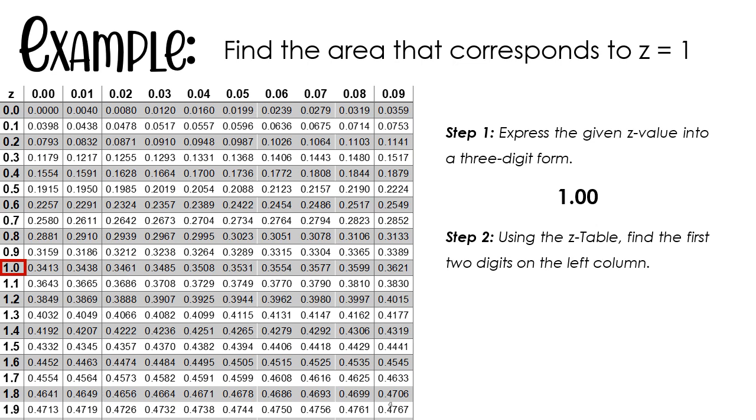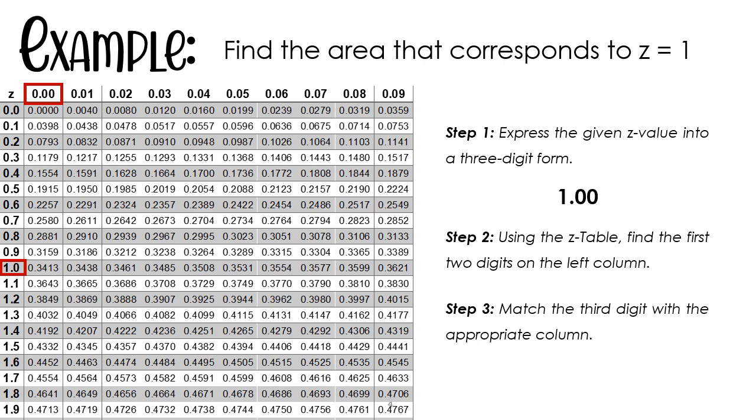There we have 1.0. Now, our next step is to match the third digit with the appropriate column. Again, our third digit is 0, or we have 0.00. So we have our column for our third digit. Now, what is the area that corresponds to z equal to positive 1?